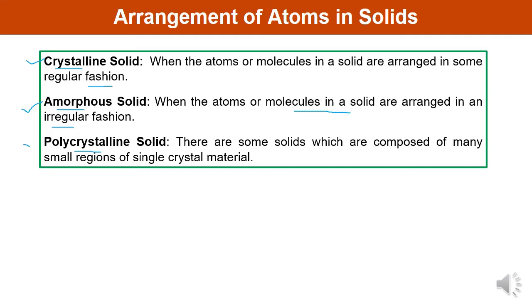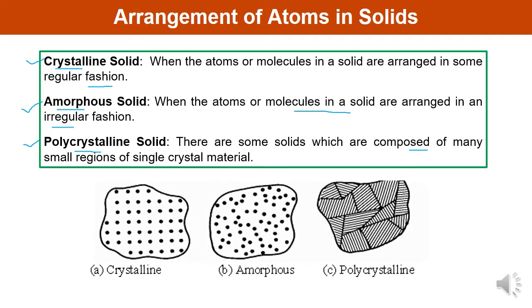Third type is polycrystalline solid. This is also very interesting. There are some solids which are composed of many small regions of single crystal material. That type of solid is known as polycrystalline solid. You can see in this diagram, first is the crystalline one. You can see a systematic structure. Second is the amorphous pattern.